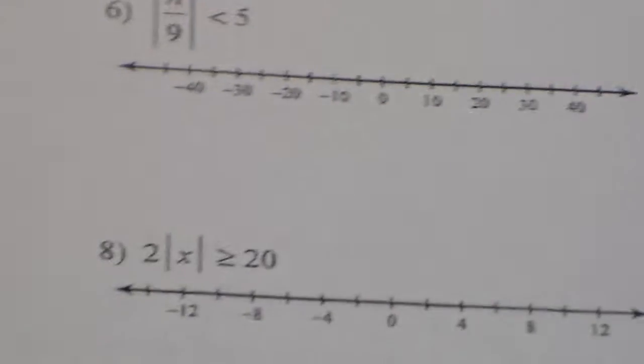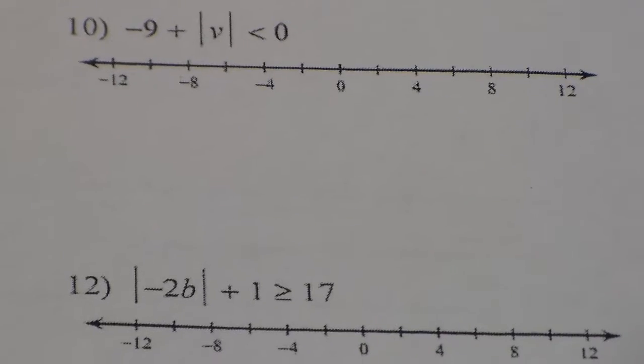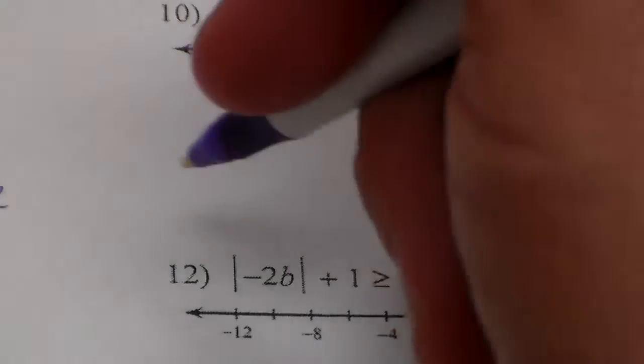Okay, so next we're going to flip over to the other side. Actually, I think it's number 12 where it got a little bit tricky. So number 12, we'll put a star next to 12.